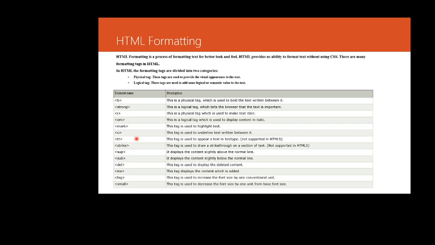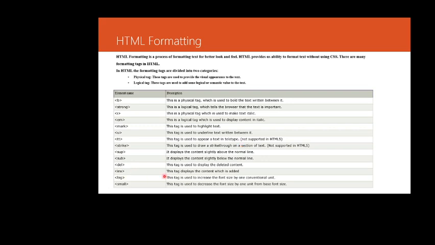Monospace means each letter will be given equal space on the browser screen. Then we have strike, which gives a line-through effect. We have SUP, which gives superscript. We have SUB, which gives subscript. We have del. The effect of strike and del is the same. Del is used to specify deleted content, while strike-through also gives the same effect.